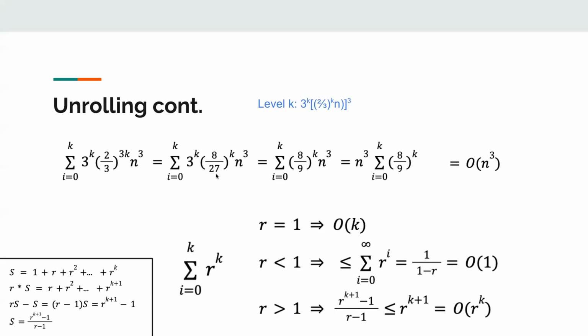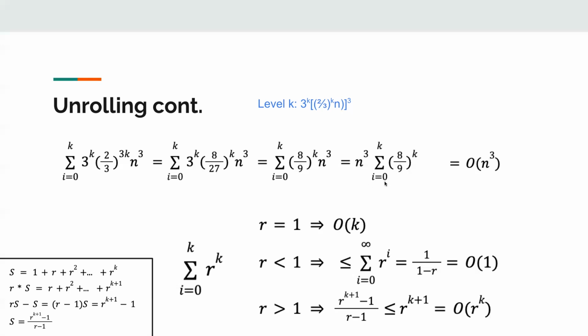If you do some simplification, it goes to this step. Notice how the n cubed here won't change, because k is the only thing changing here. So you can treat it as a constant and take it out. Then the only thing that matters is this sum here, which is the sum of (8/9) to the k's power.